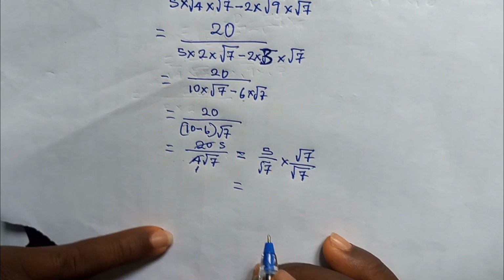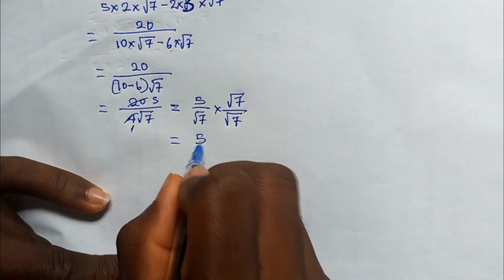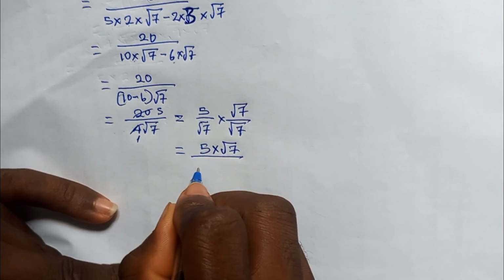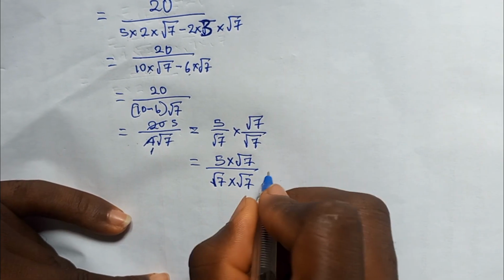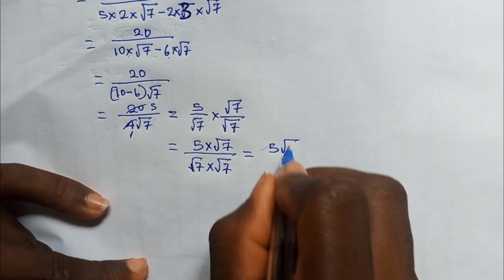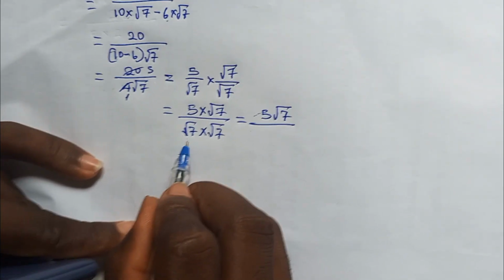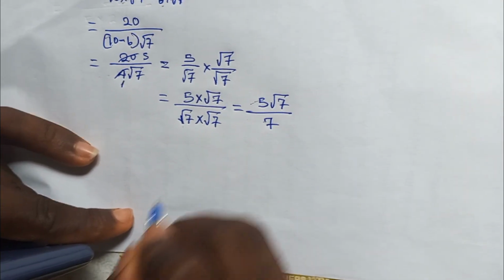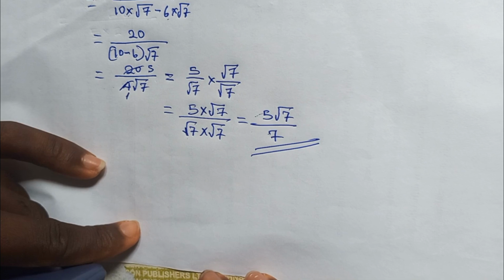Let's start from the numerator before the denominator. So this is 5 times root 7 all over root 7 times root 7, which is equals to 5 root 7 all over 7. Root 7 times root 7 is 7. So this is our final answer.